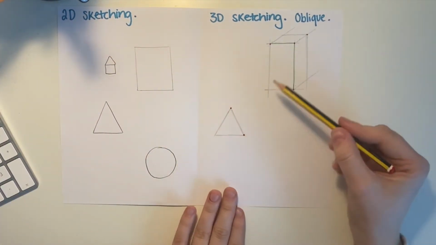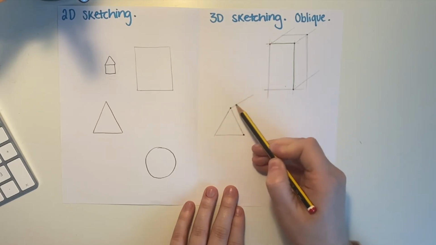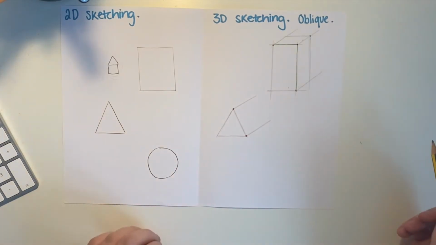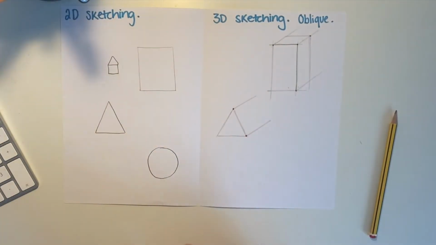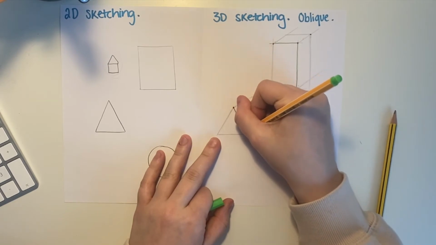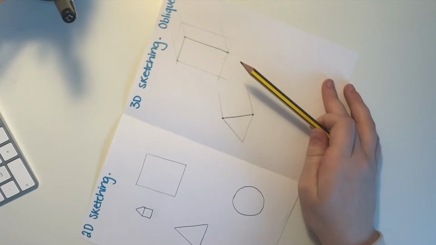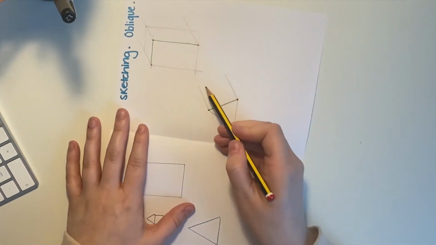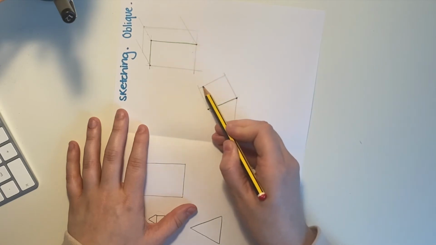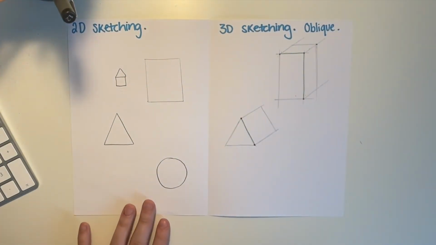We're going to draw back 45 degrees. Okay. And then we need to draw this line to make it our volume. See that green line? So I want this triangle to look a bit more fat, so I'm going to draw it here. So do you see how that's now 3D? Yeah?